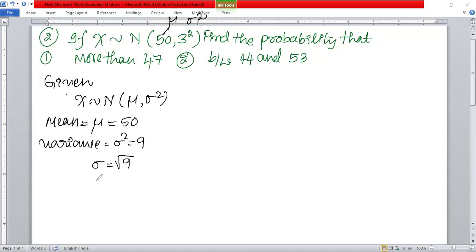Sigma is equal to √9, sigma is equal to 3. The formula Z is equal to x minus mu by sigma, that is equal to x minus 50 divided by 3. So that is most important. Everybody consider Z is equal to x minus 50 divided by 3. Okay. So ready with the first question.